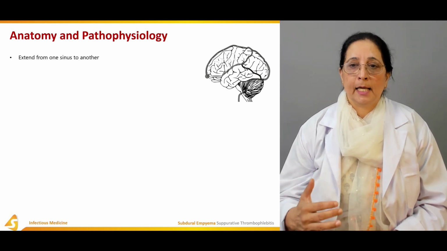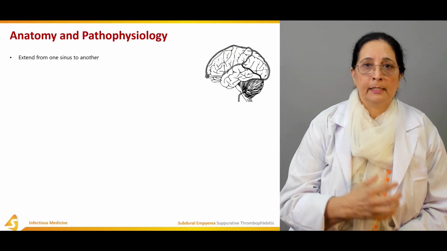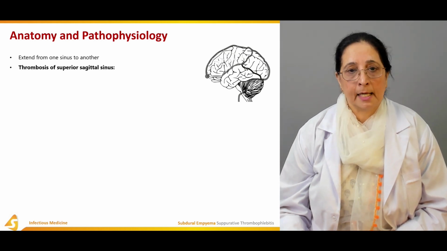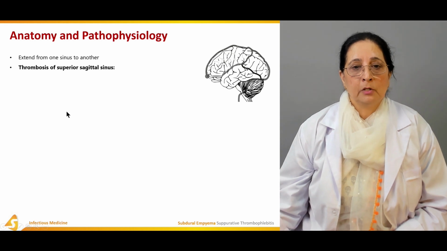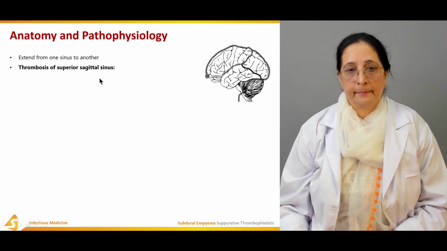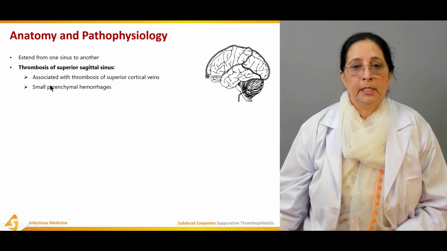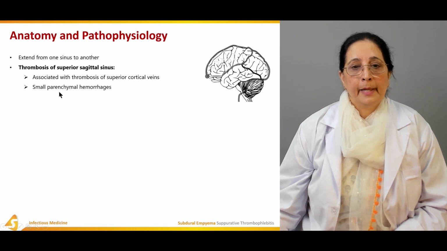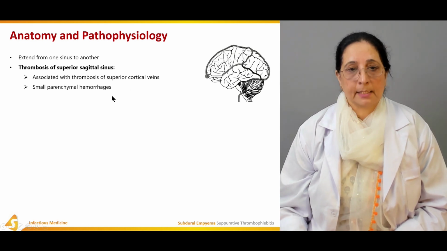Thrombosis of the superior sagittal sinus is associated with thrombosis of superior cortical veins and small parenchymal hemorrhages.